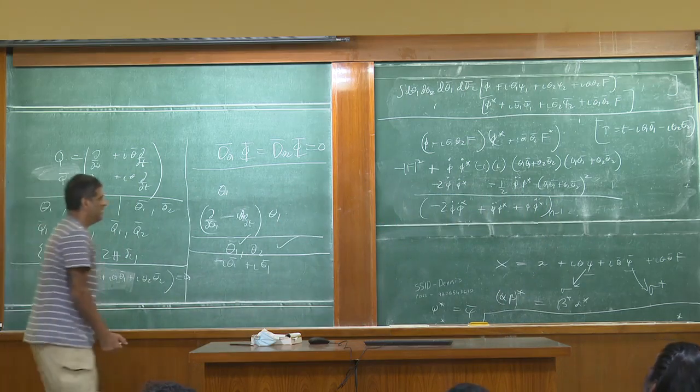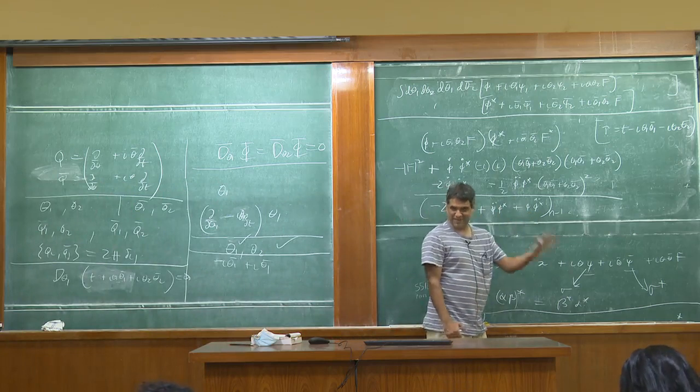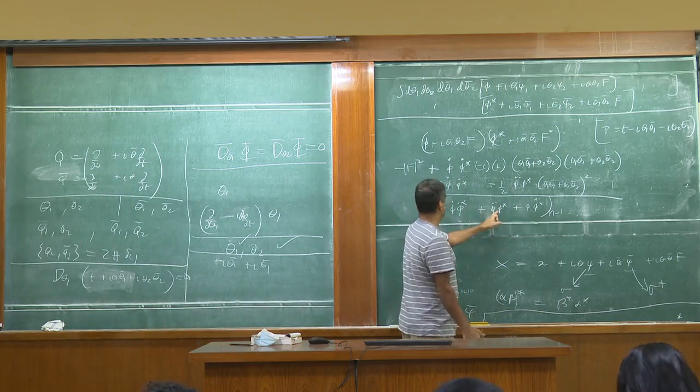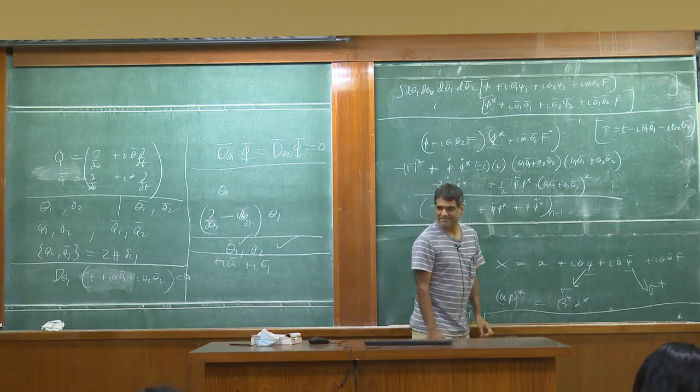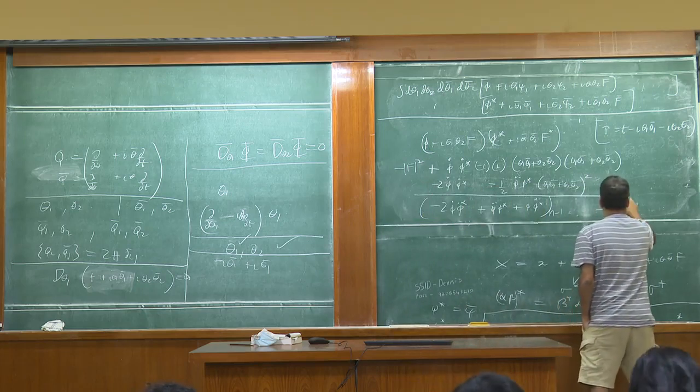And now if we integrate by parts, dropping total derivatives, this picks up a minus sign, this picks up a minus sign. So we get minus 4 phi dot phi star dot.